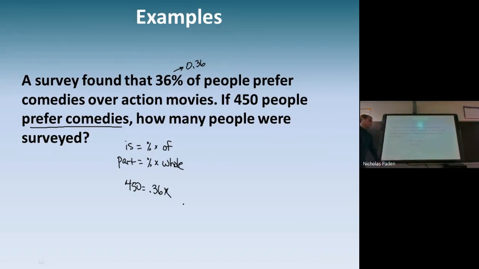So that's our equation. 450 equals 0.36 times x. We're going to divide both sides by 0.36. And then we're going to do 450 divided by 0.36. I'll go ahead and give that to you all. It's 1,250. So out of that 1,250 people who were surveyed, 450 people, or 36%, preferred comedies.